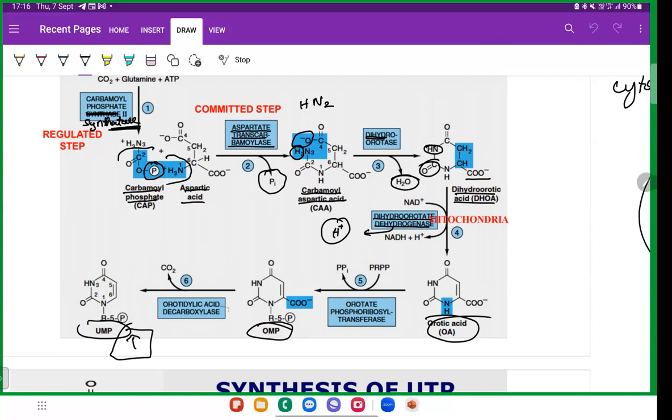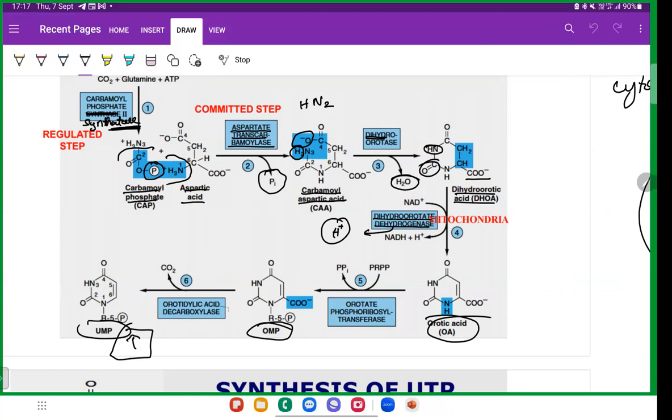Carbamyl phosphate and aspartic acid, in the presence of aspartate transcarbamylase, is going to form carbamyl aspartic acid. This carbamyl aspartic acid in the presence of dihydroorotase is going to form dihydroorotic acid. Dihydroorotic acid in the presence of dihydroorotate dehydrogenase is going to form orotic acid.